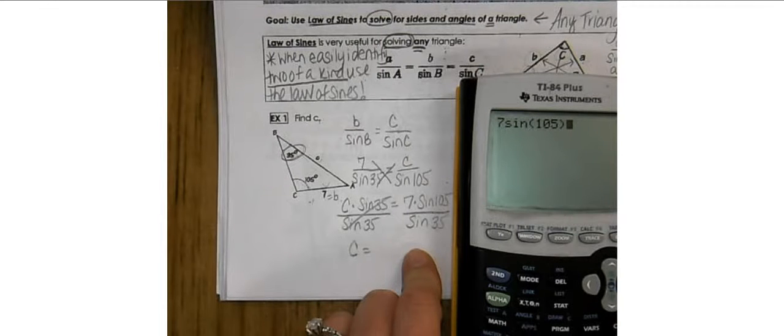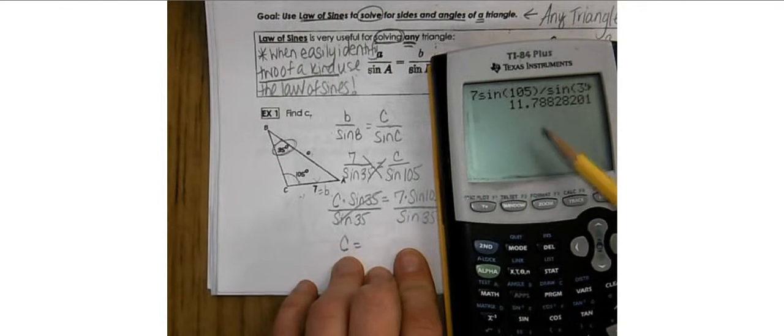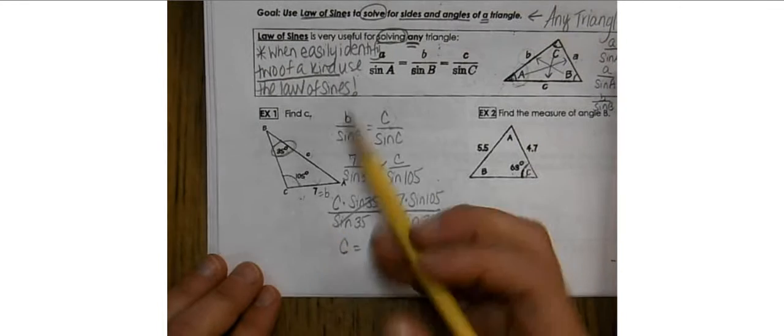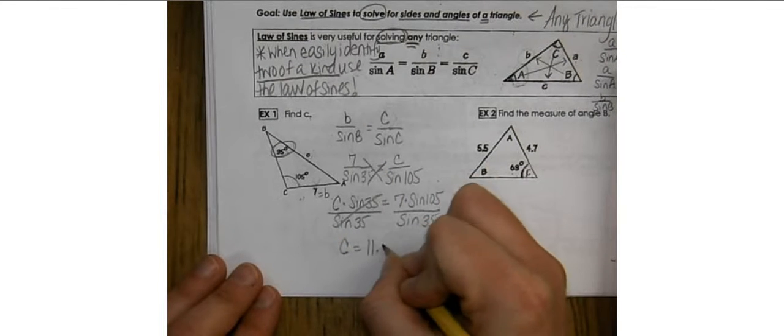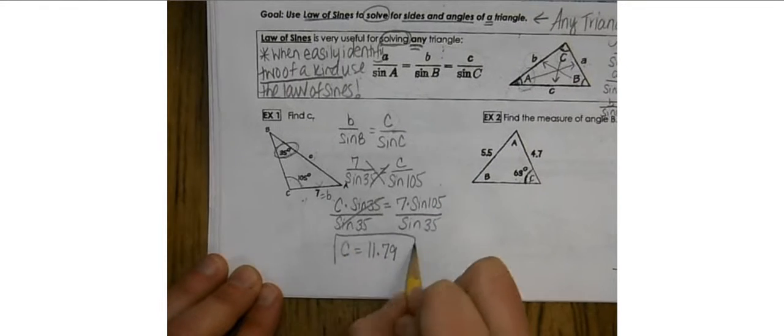Then I'm going to write divided by the sine of 35, and close my parentheses. And when I press enter, I want to round my answer to the nearest hundredth. So I'm going to end up with 11.79. So c is equal to 11.79, and if we had units, we would write down units, and that is our answer.